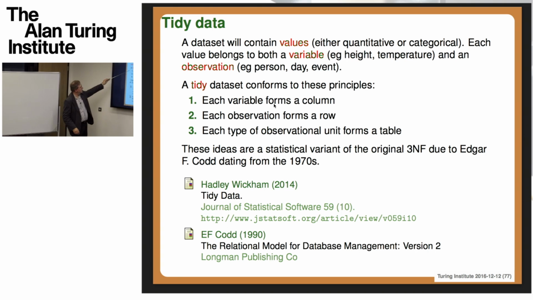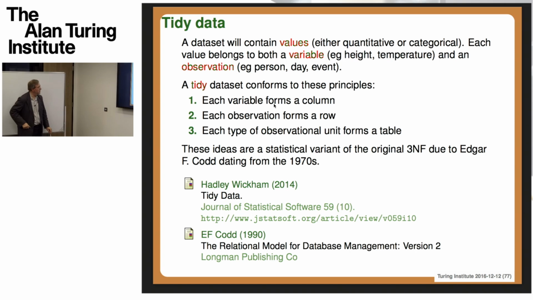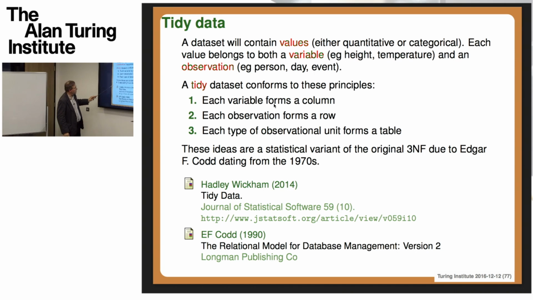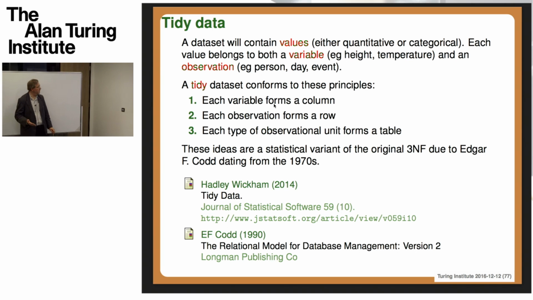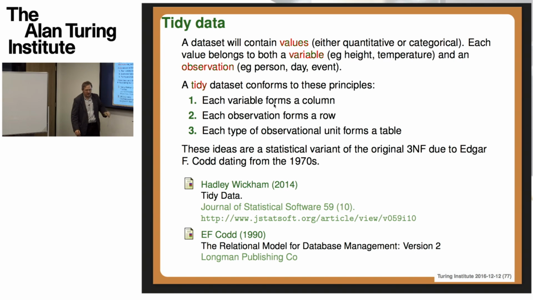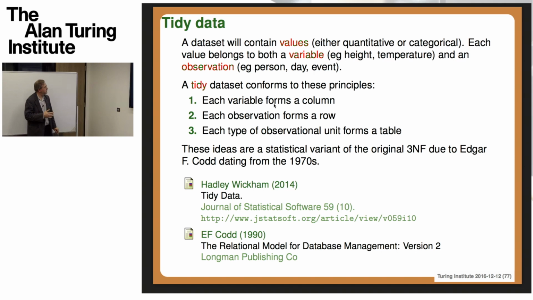And this set of principles rather closely mirrors, as a kind of statistical variant, the principles that were outlined by Edgar Codd in his early work in the 1970s on database theory, in particular relational database theory. In that theory of databases, there was the so-called third normal form, 3NF, which had very similar types of principles.